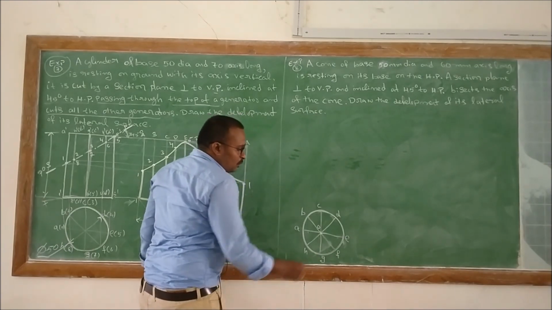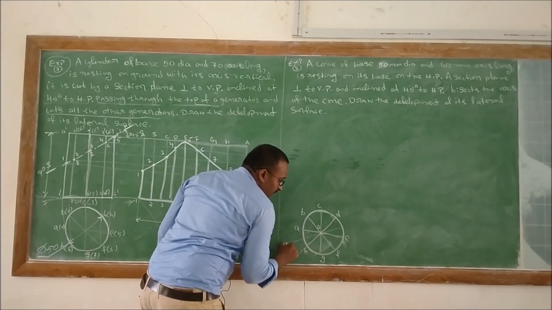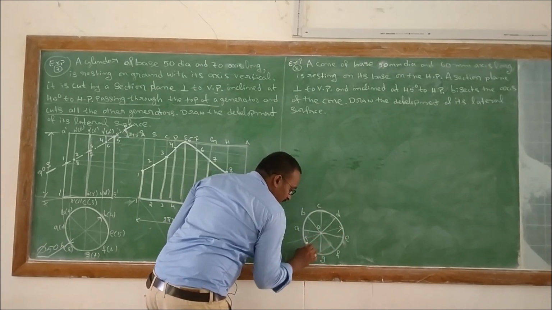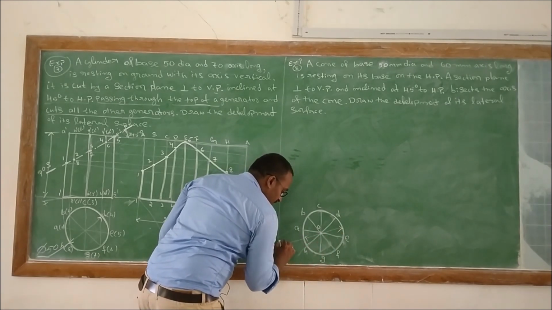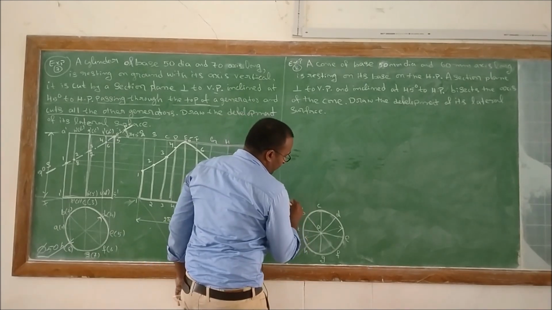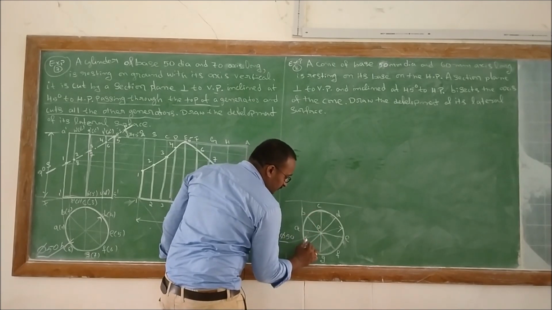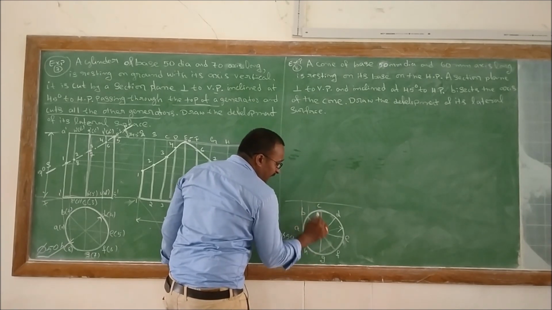Right? This is the cone front view, and diameter of 50. Then we need to project onto the front view on VP.